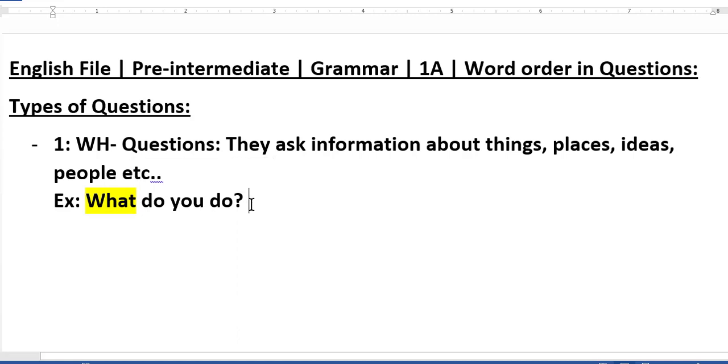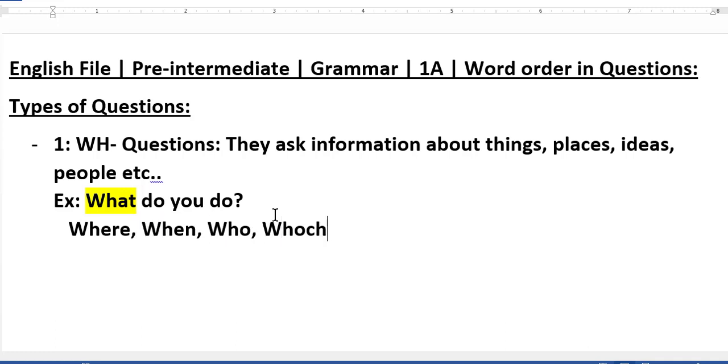So first type. There are many WH questions, like what, where, when, who, which, whose, how, what time, and so on.